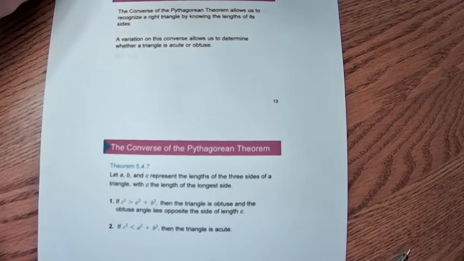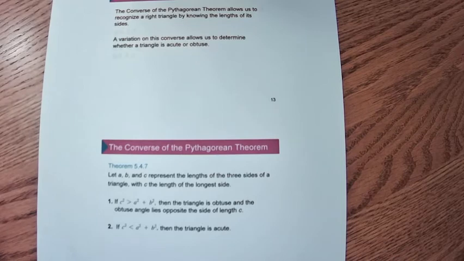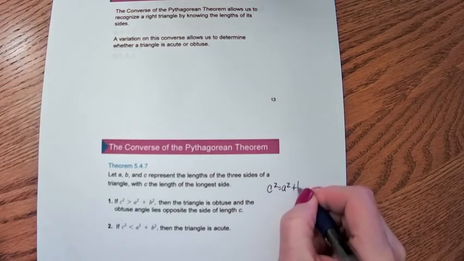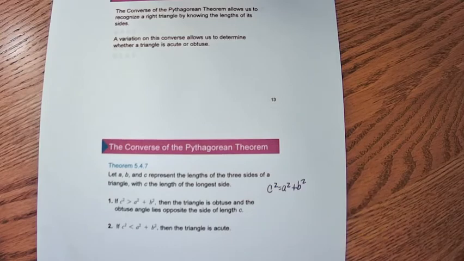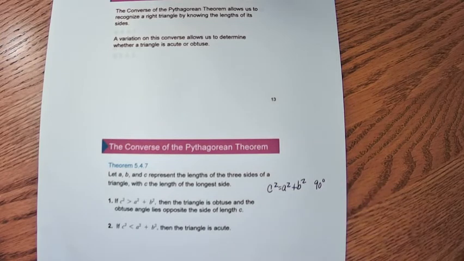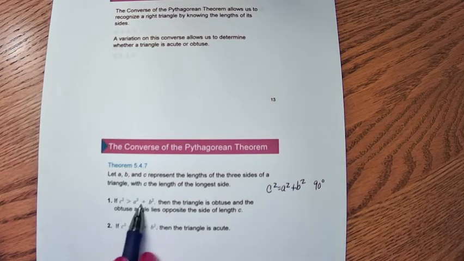Now, we know that if c squared equals a squared plus b squared, it's a 90 degree or right angle. But if c squared is greater than the sum of the legs squared, then c is obtuse. If c squared is less than the sum of the squares, then c is acute.